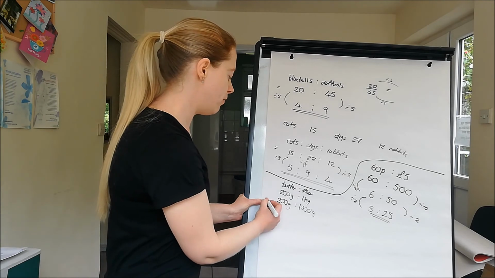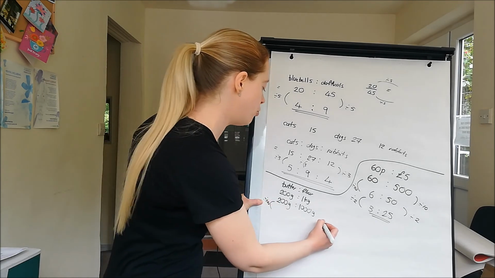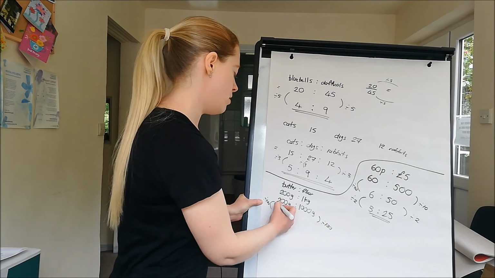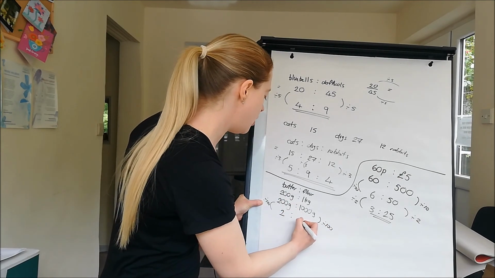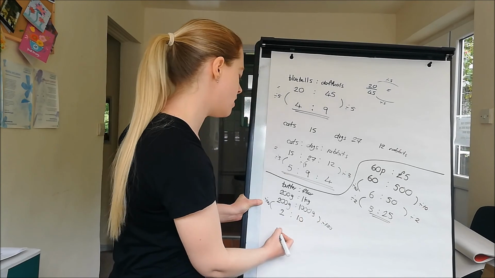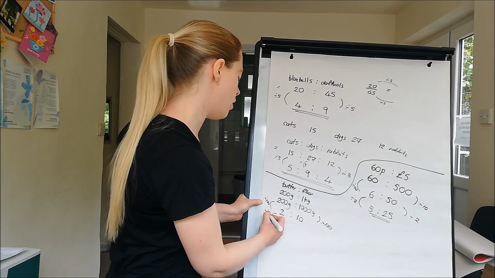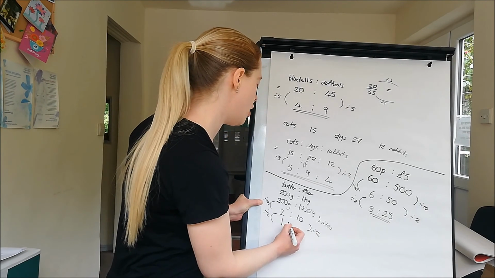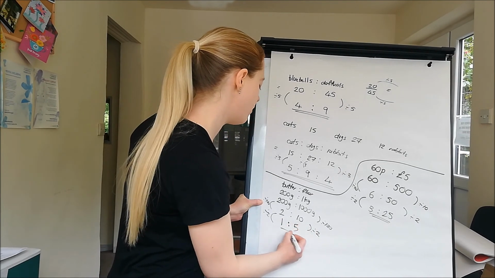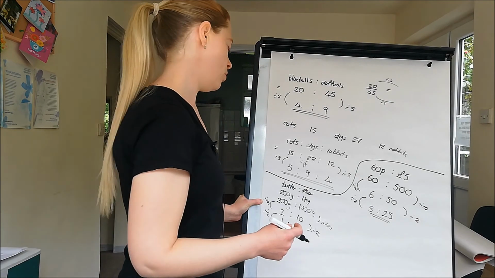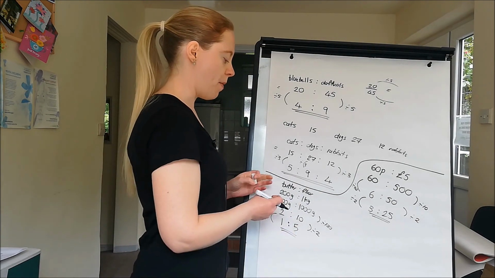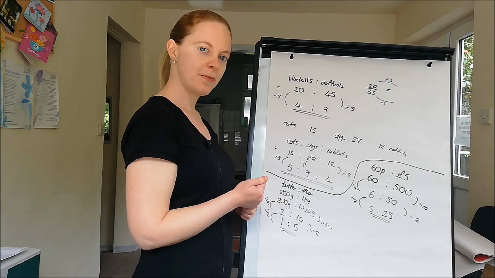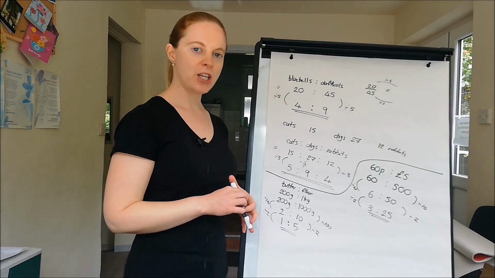Then each of those will divide by 100 because they've each got 2 noughts on the end. That'd give me a ratio of 2 to 10. And then each of those will further divide by 2 to give us a ratio of 1 to 5. So in other words, for every 1 part butter, there's 5 parts flour. Okay? And that's how you cancel down a ratio.